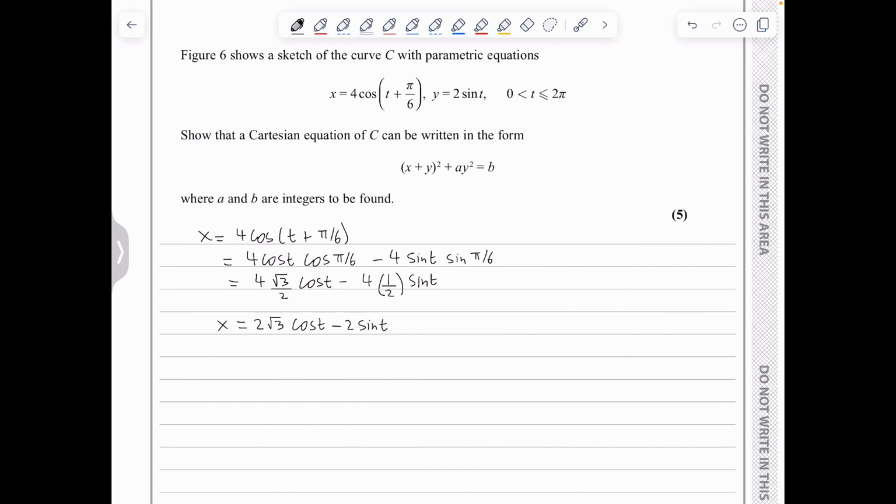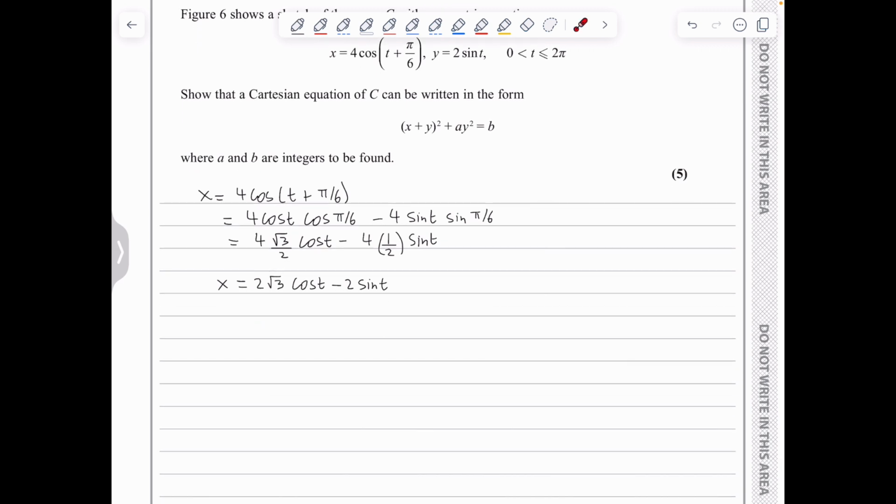We notice that since y is 2 sine t, it makes sense to consider x plus y. So this is 2 root 3 cos t minus 2 sine t plus 2 sine t, which simplifies to 2 root 3 cos t.